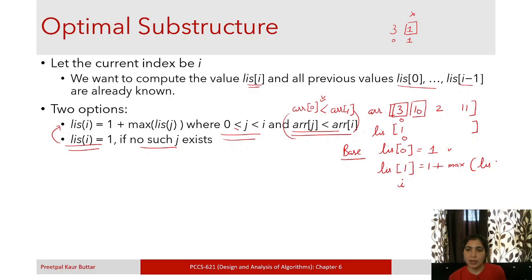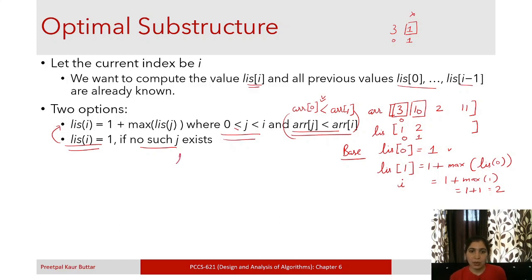Previously we have only this subproblem which is solved, and its value is 1. So 1 plus 1: the subsequence which is monotonically increasing, the length of that subsequence is 2 at index 1. So this is done.